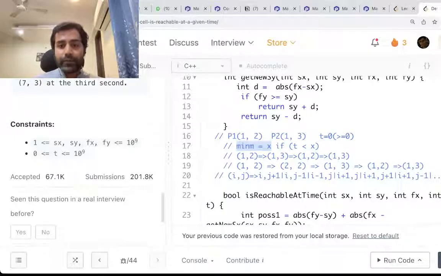But if the value of t is greater than or equal to x, in that case, can I say that it is always going to be possible?